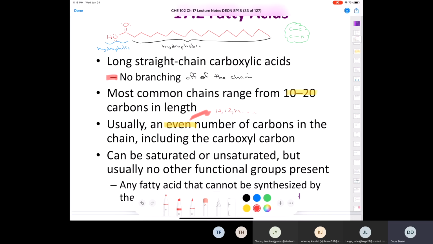And that includes the carboxyl carbon. Let me double check here. 1, 2, 3, 4, 5, 6, 7, 8, 9, 10, 11, 12, 13, 14, 15, 16, 17, 18. Yeah, so the one that I've drawn here has a total of 18 carbons, including that carboxyl carbon.